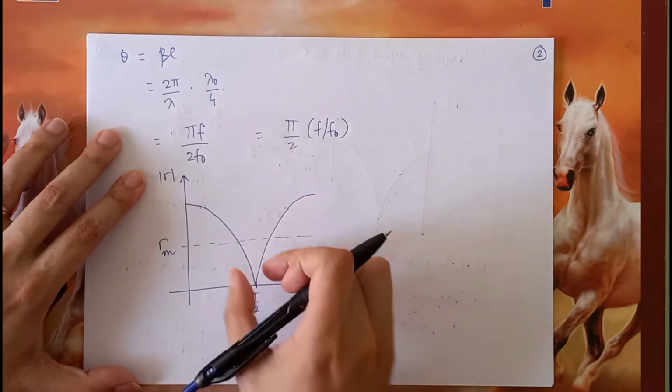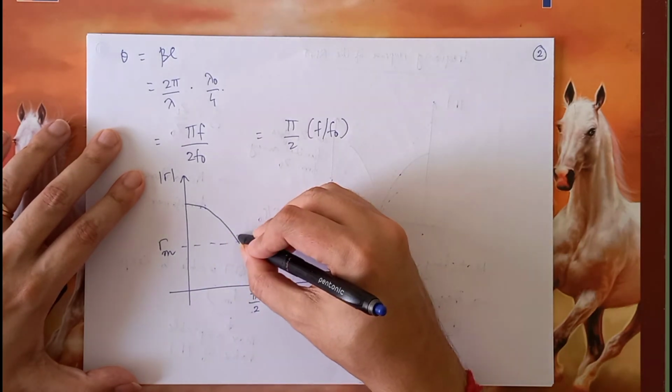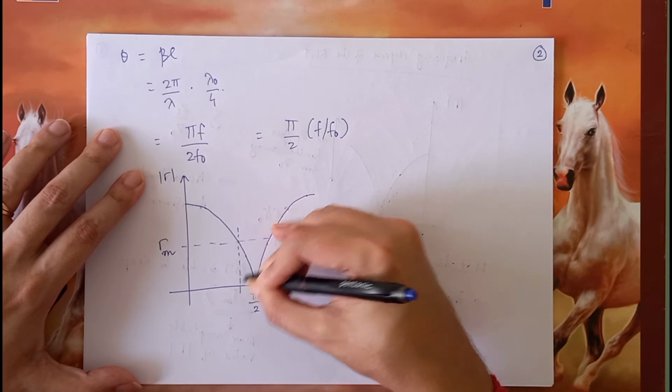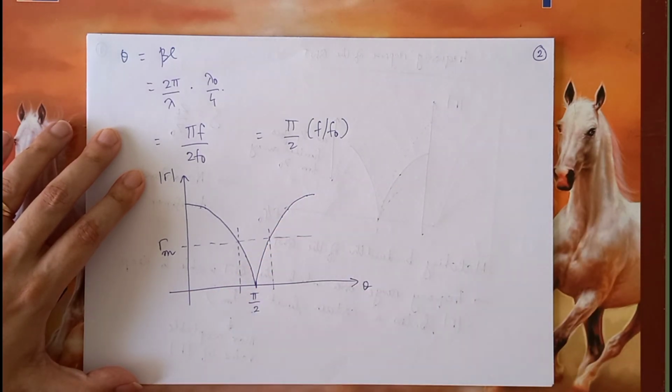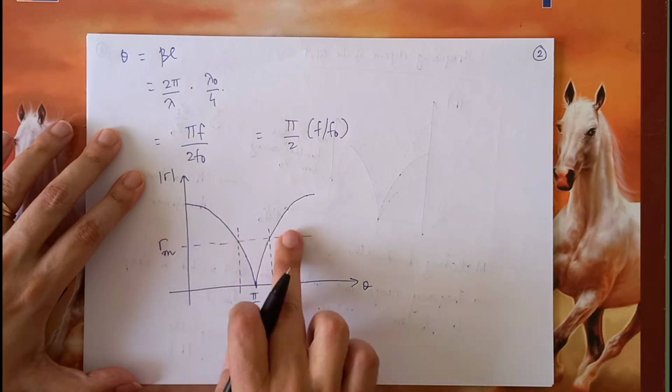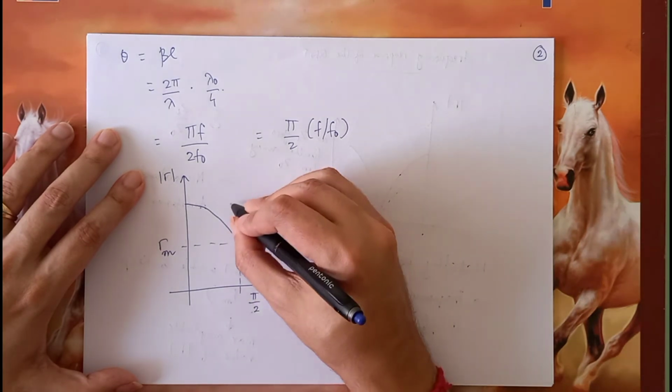And we say that essentially this is the range of frequencies which I am interested in. So effectively what we want, we have to look at the range of frequency or the range of theta over which mod gamma is below gamma m. So this is the region of interest.